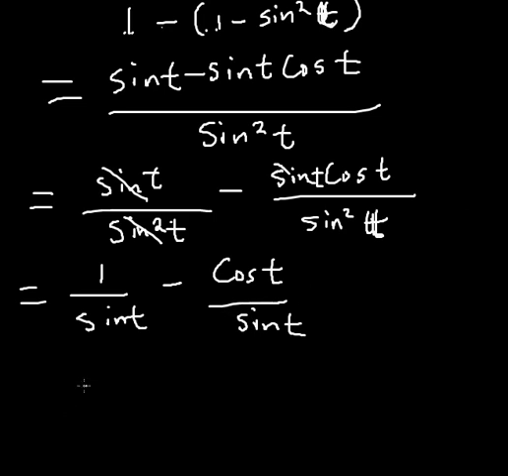So 1 over sine t is basically cosec t, and the cos t all over sine t is the inverse of tan, that is cot t.